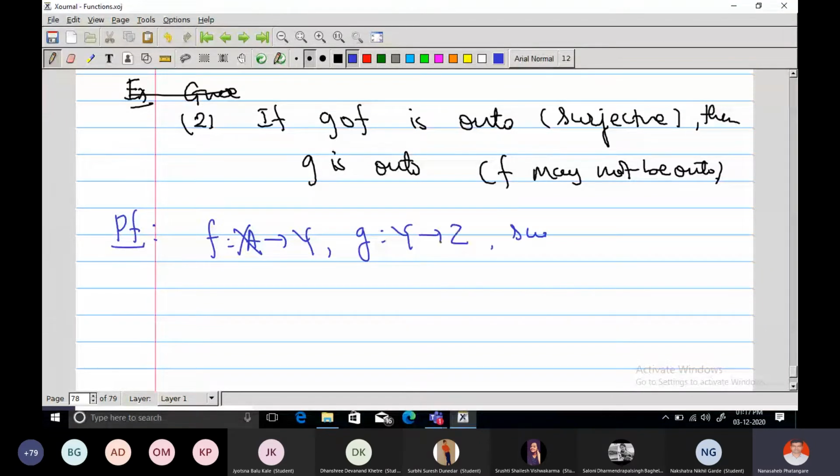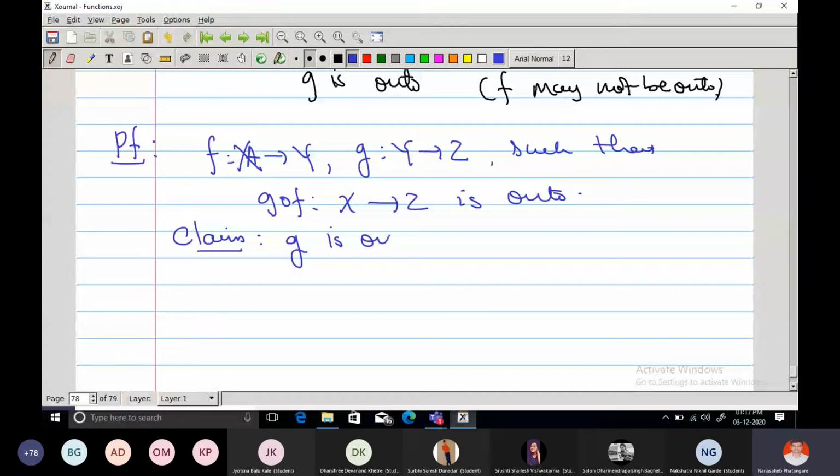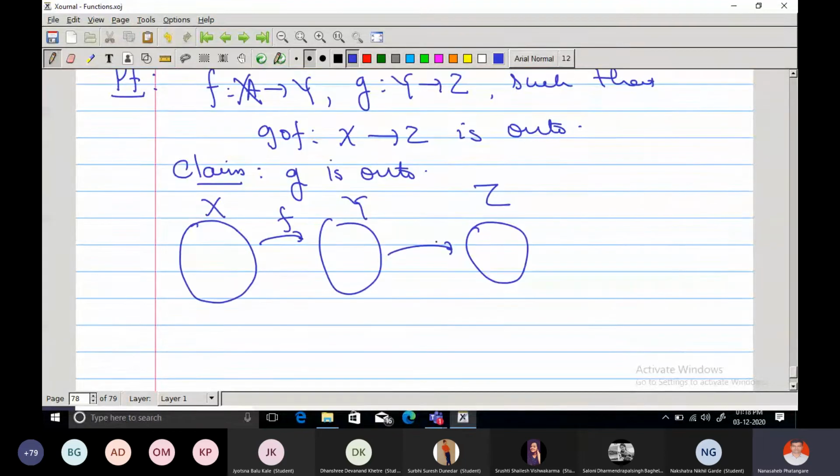What is our claim? G is onto. This is our claim. Okay, so consider this figure with X, Y and Z, F, and here is G.